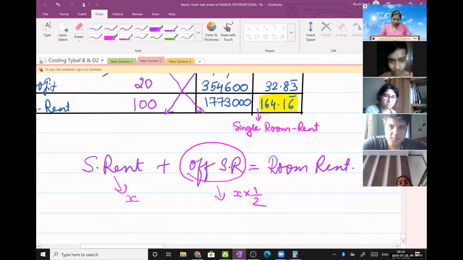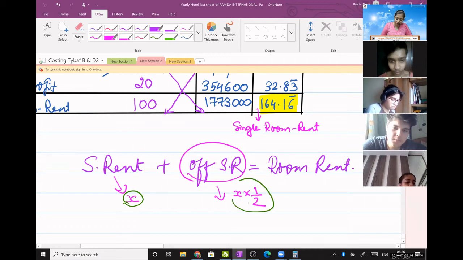If I assume season's rent to be x, because I don't know season rent also, that is what even I have to find. So if I say my season rent is rupees x, then my off season rent will become x into 1 by 2. Everyone got this point clear? Is this clear?